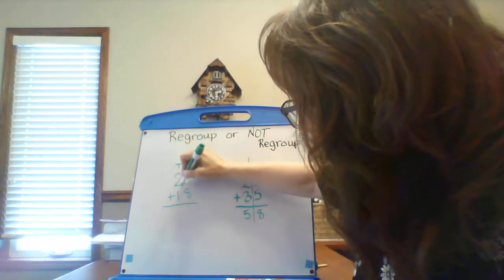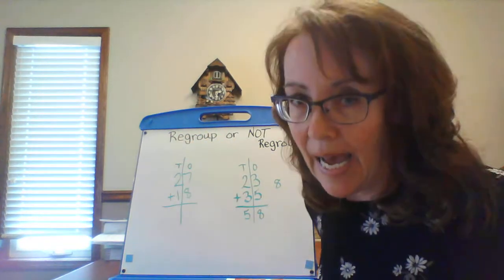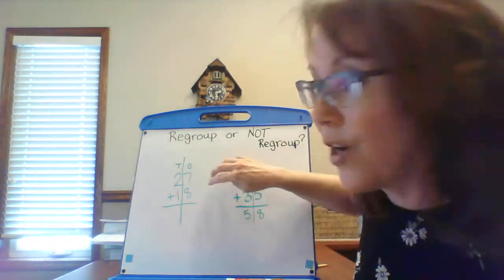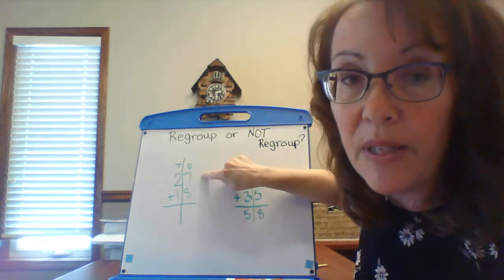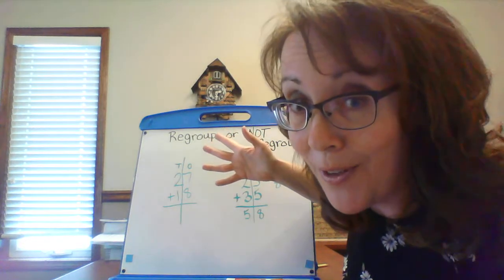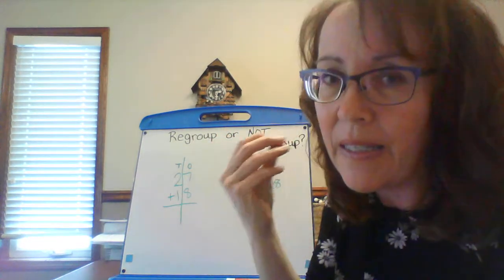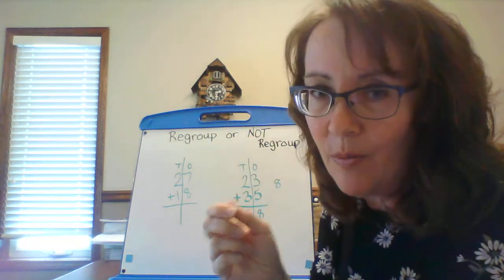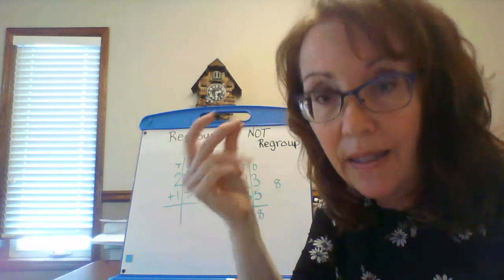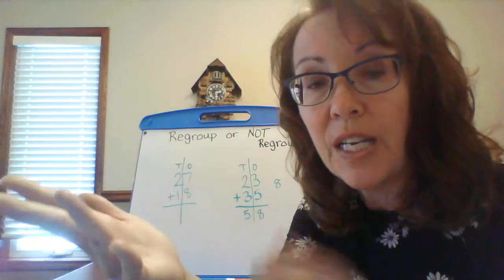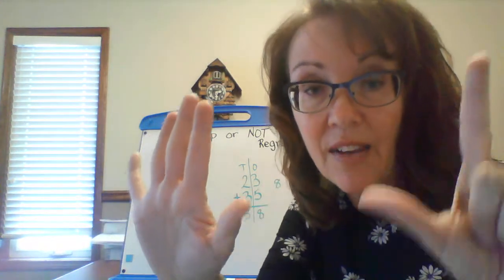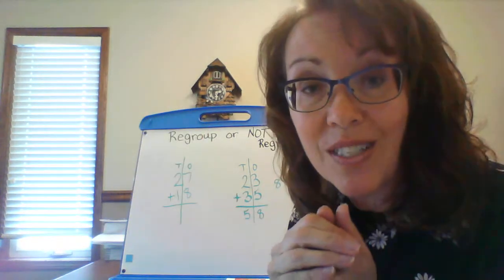Let's split those numbers, and now we're going to add our ones place. Starting on the right, I see I have 8 plus 7. There are different ways I can figure this out. I can put 8 in my head because it's the bigger number and add 7 more. So let's try that. 8, click, 9, 10, 11, 12, 13, 14, 15. I've added 7 more. My answer is 15.